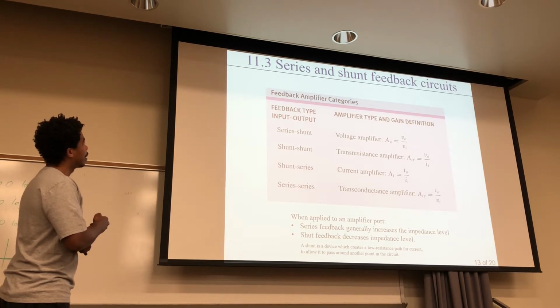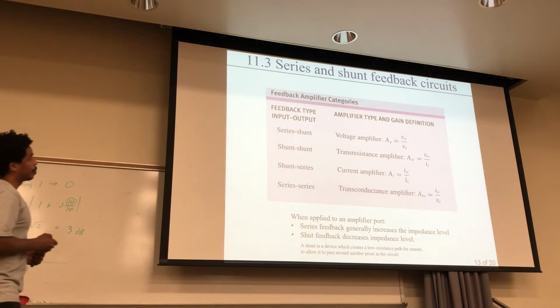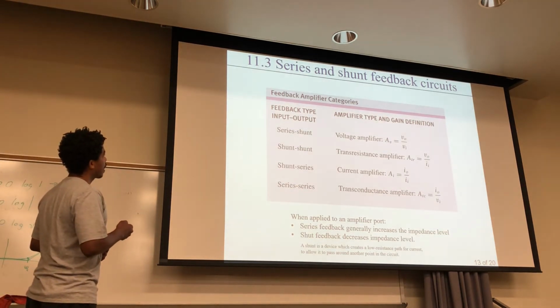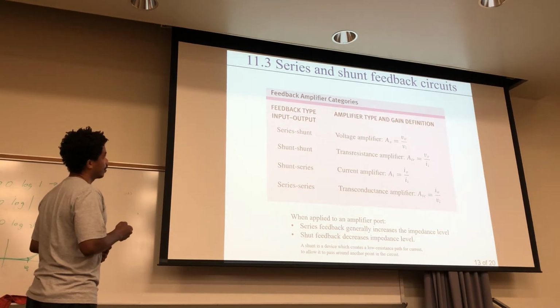Okay, so now let's look at series and shunt feedback circuits. We'll go through each one of these. But in summary, you have these certain kinds of feedback types. You have a series shunt, and that type of amplifier is usually used for amplifying voltage.